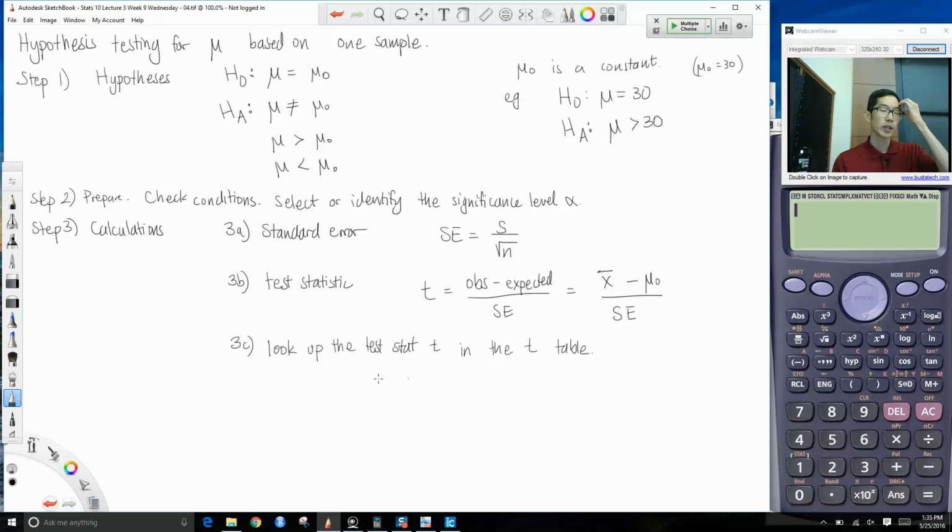Okay, and this works quite different from the way the z table works. So it'll get its own slide. And then lastly, look up the test statistic in the t table, I'm sorry, to get a p-value. And then step 4 is make a conclusion.